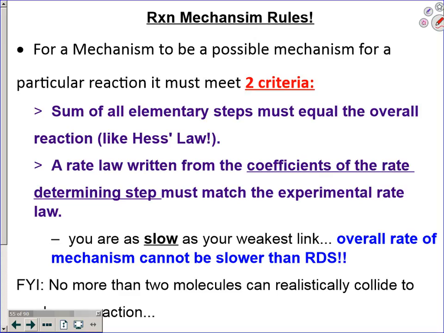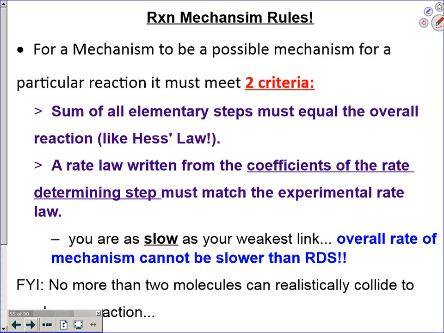And I think it takes this step and this step and this step, but we can never really prove a mechanism. We can only say there's evidence to support that this mechanism is true. So these are 2 pieces of evidence that would suggest that a mechanism is true for that reaction process.